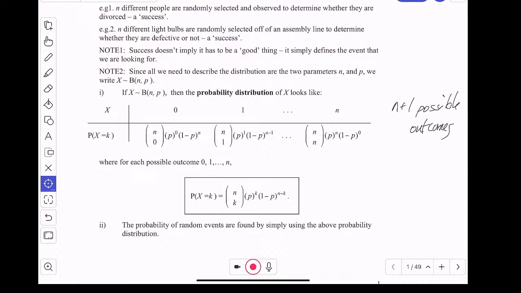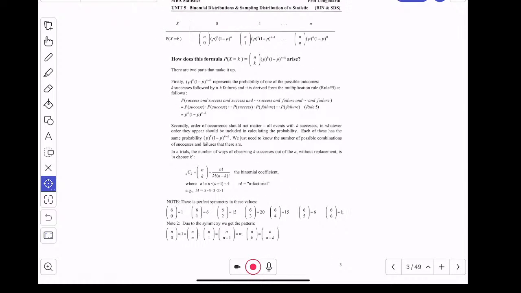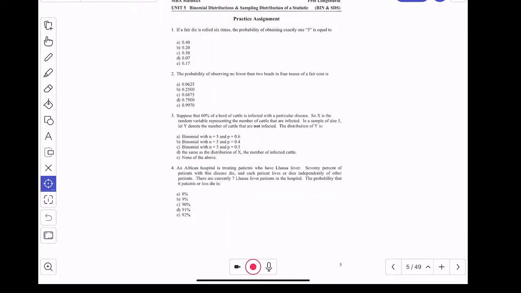I think I'm going to do it by example, and then we'll go back and review the theory, okay? So here is an example.